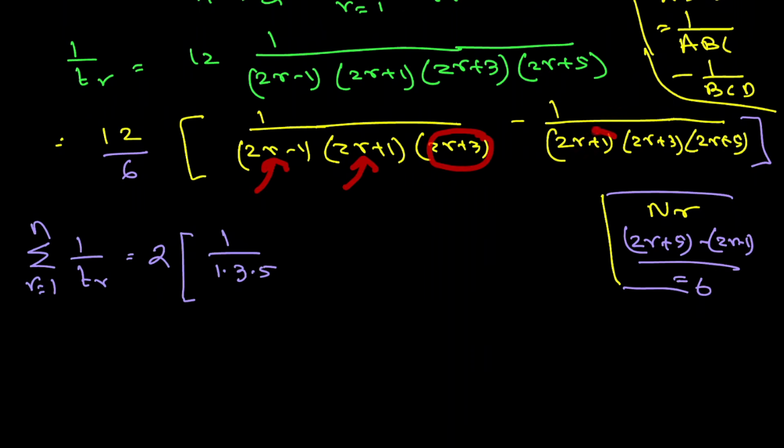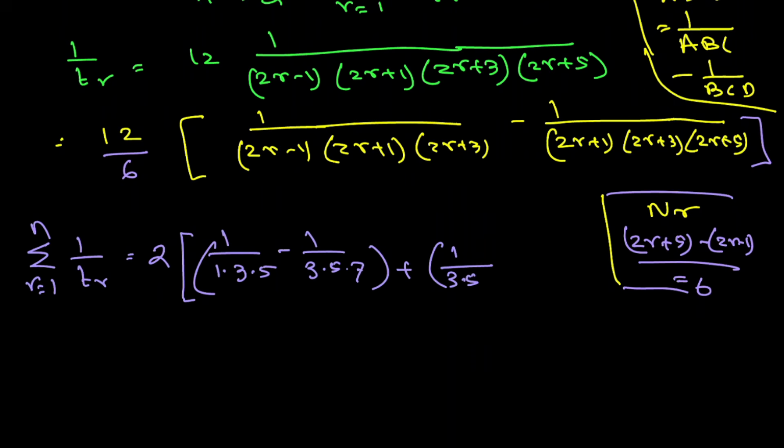Similarly, this is coming 3, 5, 7. Same as the previous case, whatever we are trying. So, minus 1 by 3, 5, 7. Plus 1 by 3, 5, 7 minus 1 by 5, 7, 9.